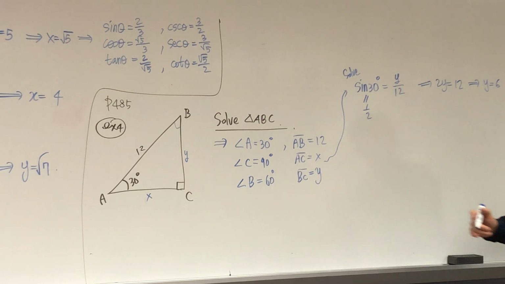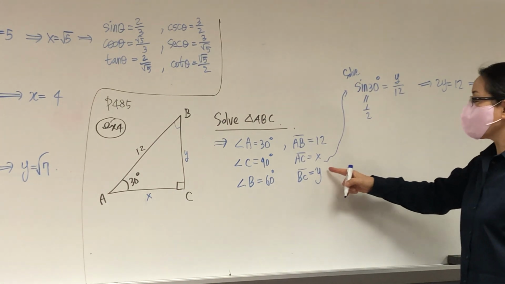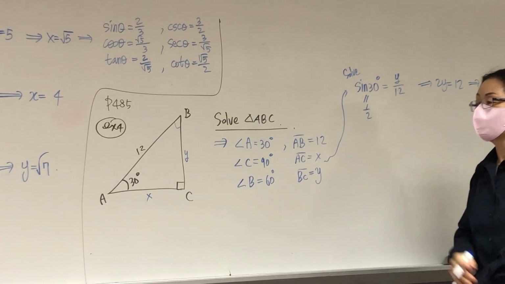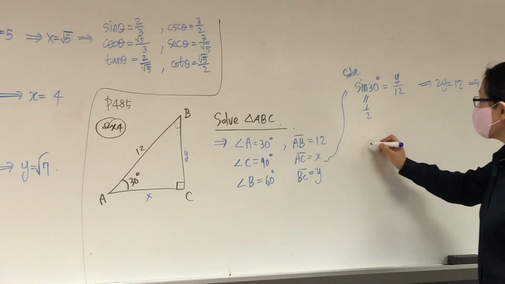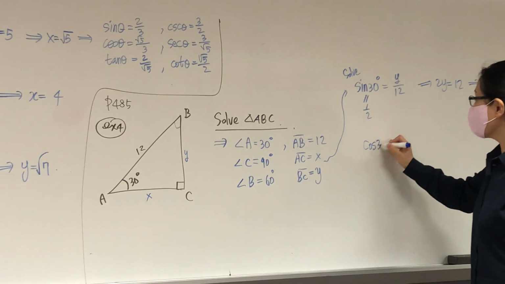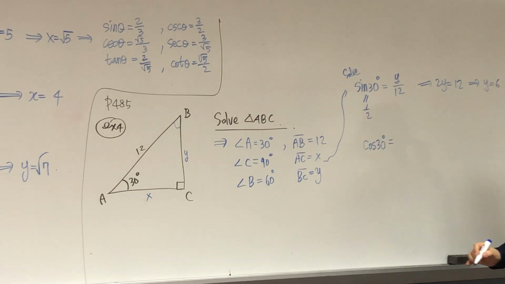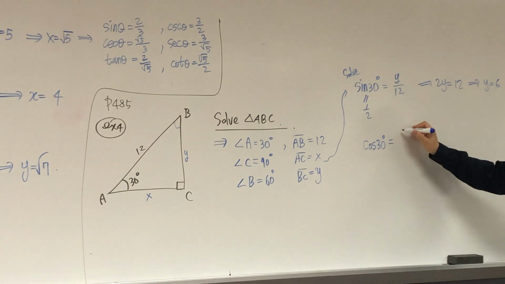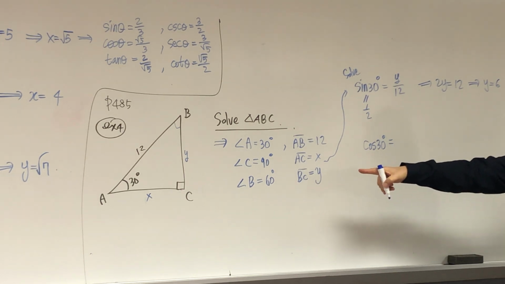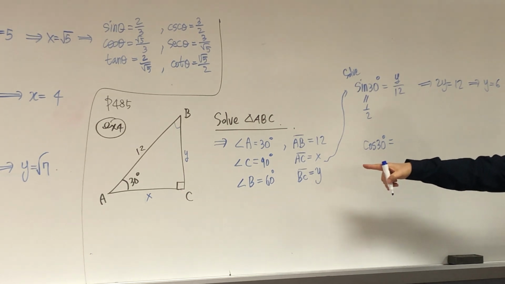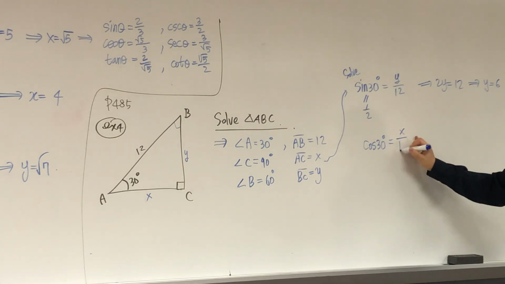So we solved y. How about x? For x, what do we need to do? We use the cosine. Very good. Cosine 30 is equal to x over 12.